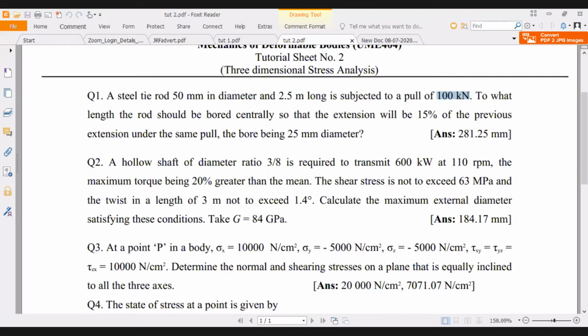So calculate the maximum external diameter satisfying these conditions. For this question, the shear modulus is given.